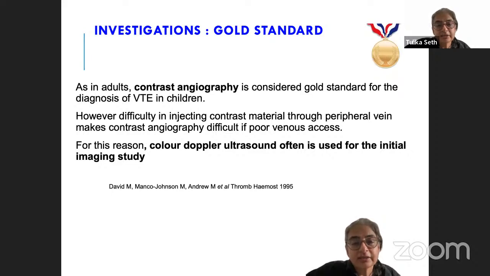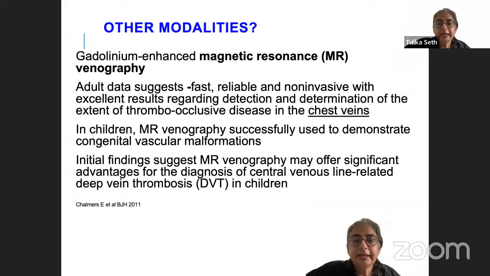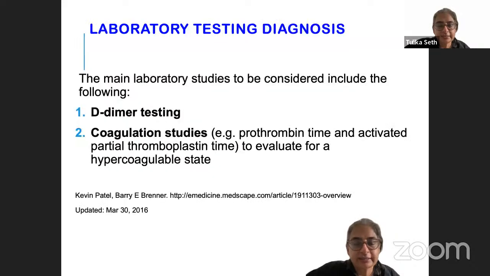The contrast angiography is the gold standard, but again, it's difficult to do, and hence in pediatric patients, the color Doppler is usually used as the initial investigation. An MR venography can sometimes be done, but for obvious reasons, this is only done if you have a very high index of suspicion, because it's not a good screening test.